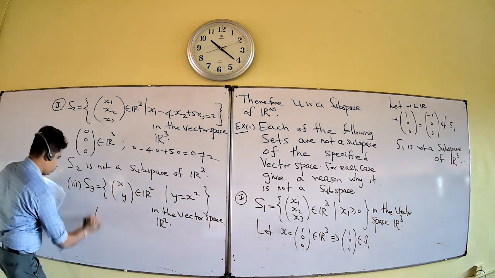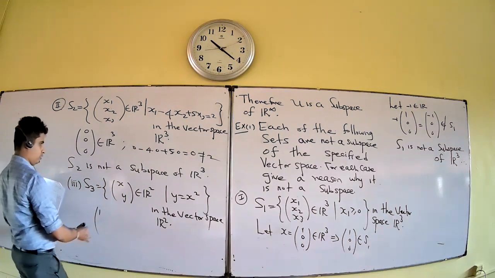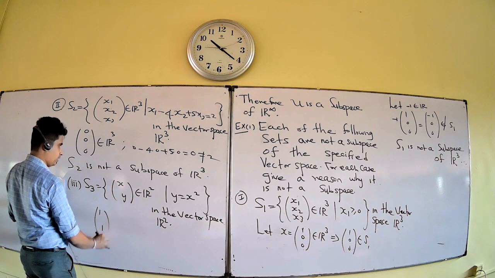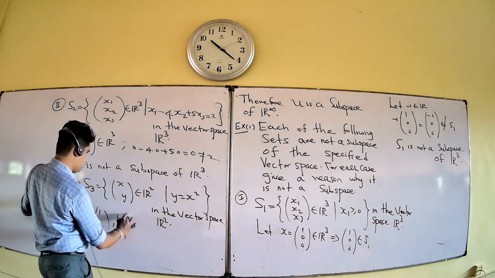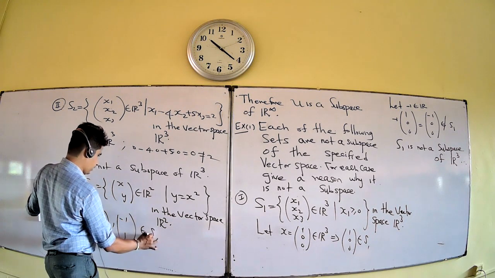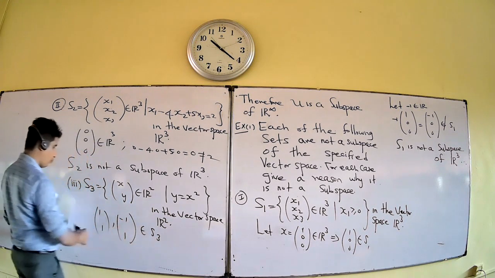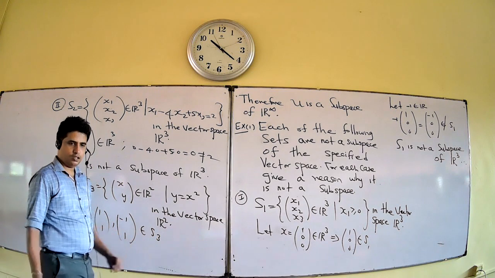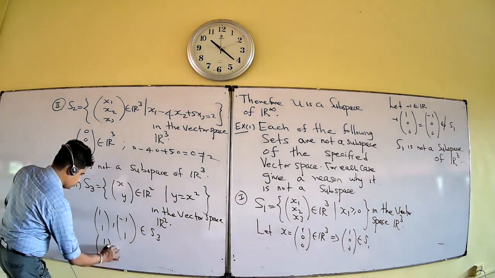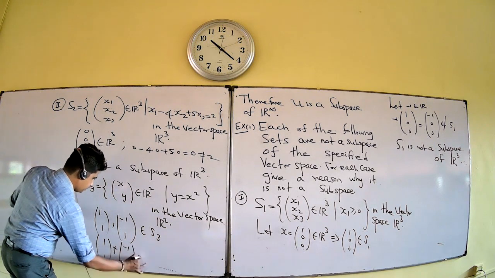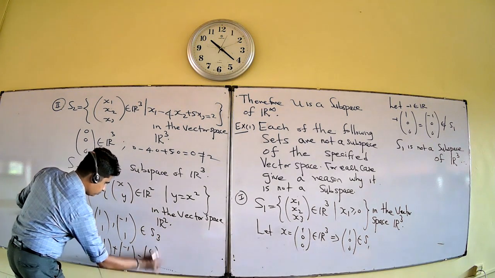So you know, suppose you put (1, 1), then 1 equals 1 squared, okay. And (-1, 1) also belongs to S3. Both vectors belong to S3. But about the addition, adding (1, 1) and (-1, 1), you get (0, 2).